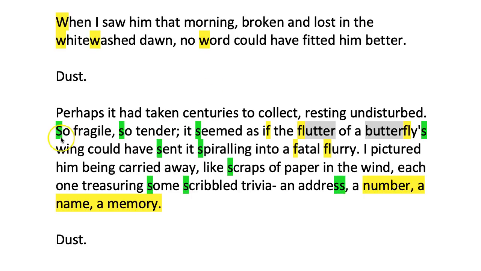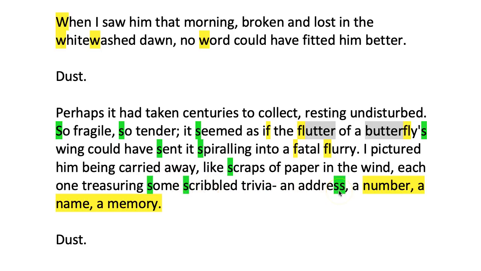And then we've got a fantastic use of sibilance that goes throughout this paragraph. Sibilance is where you repeat the consonant S. So fragile, so tender it seemed, sent it spiraling, scraps of paper, some scribbled trivia, an address.